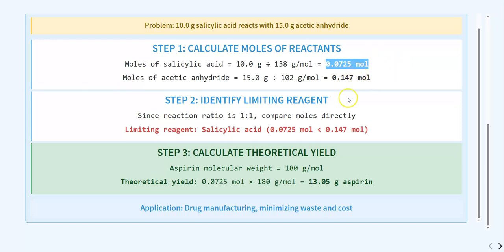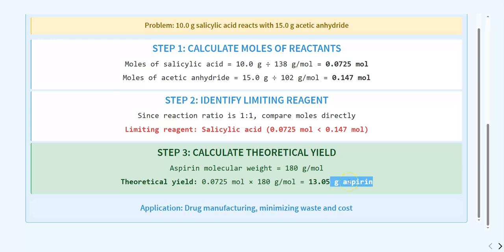So the product aspirin will be the same amount, 0.0725 mole. Now the theoretical yield will be 0.0725 mole times the molecular weight of aspirin, 180 gram per mole, so that is 13.05 gram of aspirin.